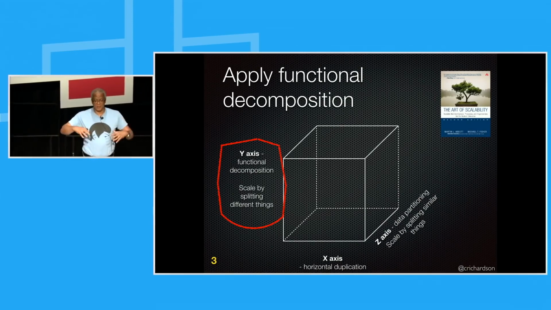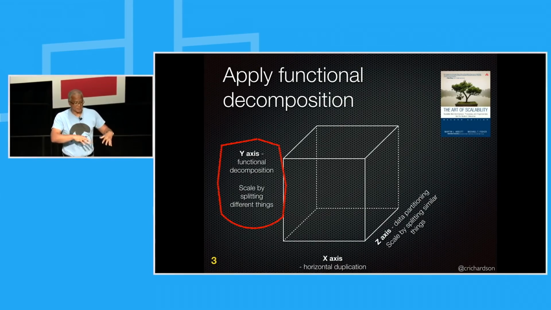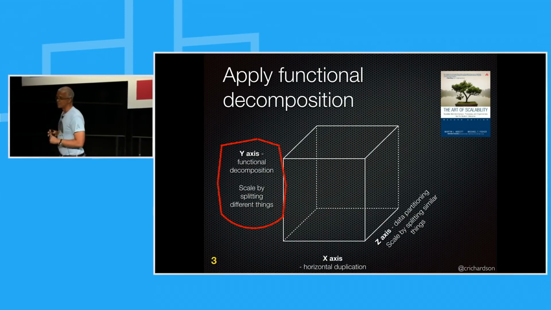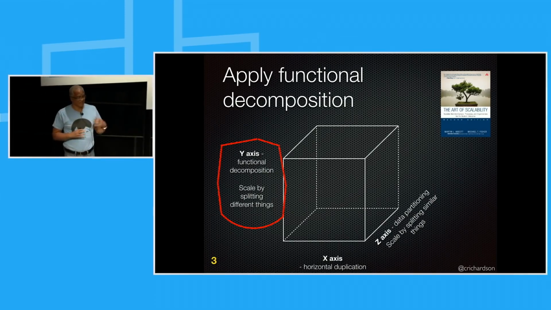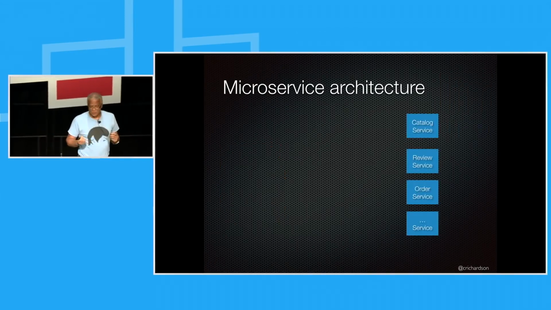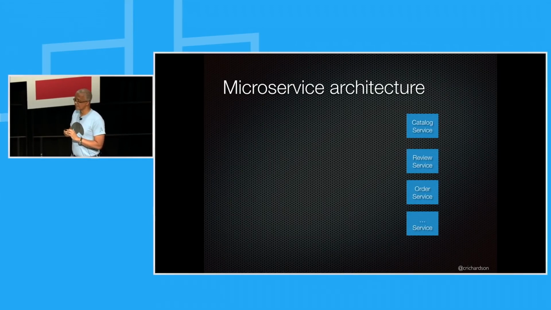So that's where you break up your application, you break up your monolith into a set of smaller applications or services. And that to me is my definition of the microservice architecture, is functional decomposition. So when we apply that to the online store, we end up with an architecture that looks like this.